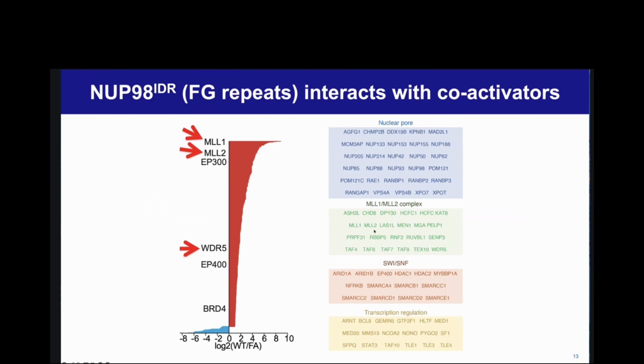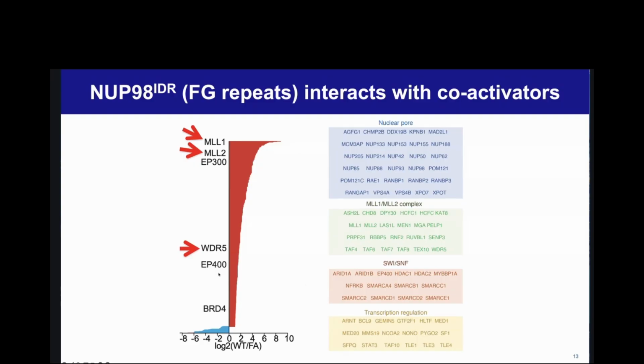You can see MLL1, MLL2, WDR5, and RBBP5, and they're highly enriched. And also you see the so-called SWI/SNF complex. These are remodelers that can open the chromatin to promote DNA accessibility.